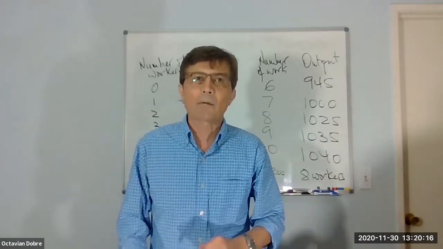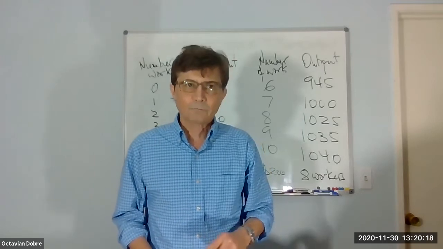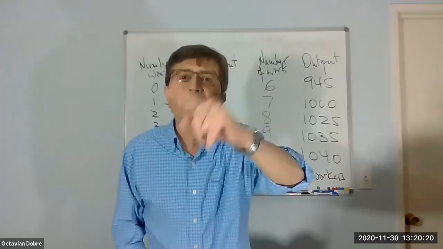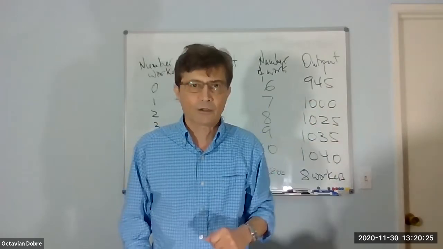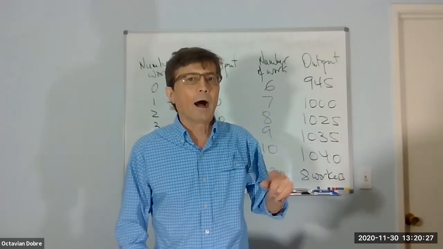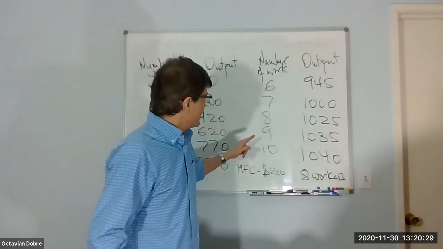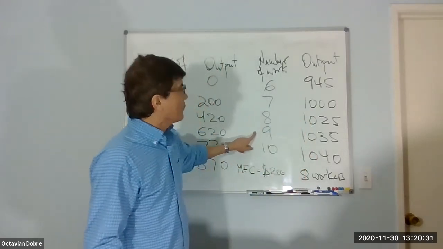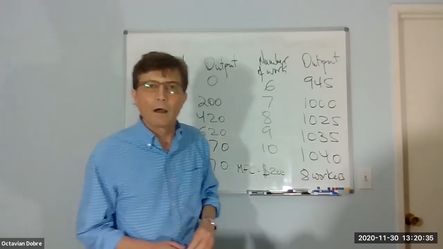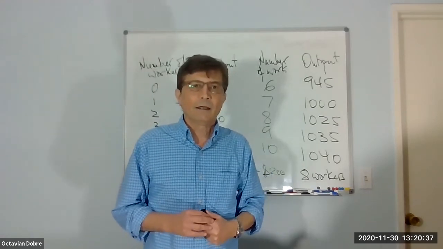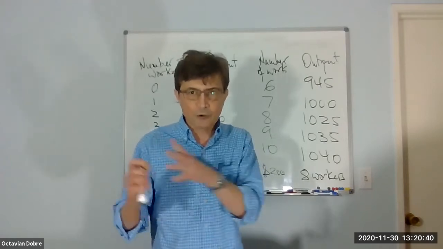So let's do the problem this way. What if the firm was willing to hire 9 workers? If the firm was willing to hire 9 workers, what would be the price of the good?